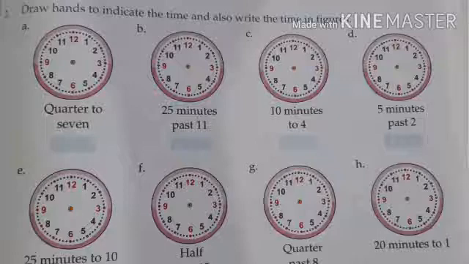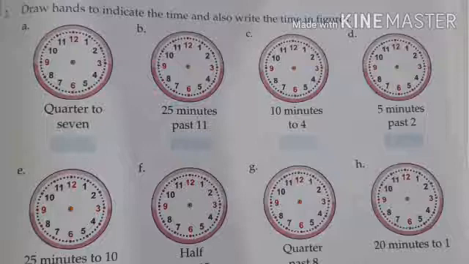Let us discuss question number 2. Draw hands to indicate the time and also write the time in figures. So, first question is quarter to 7. Quarter to means the minute hand will be at 9. And 7 means the hour hand will not be on 7. It will be just before 7. It means it is about to reach 7.